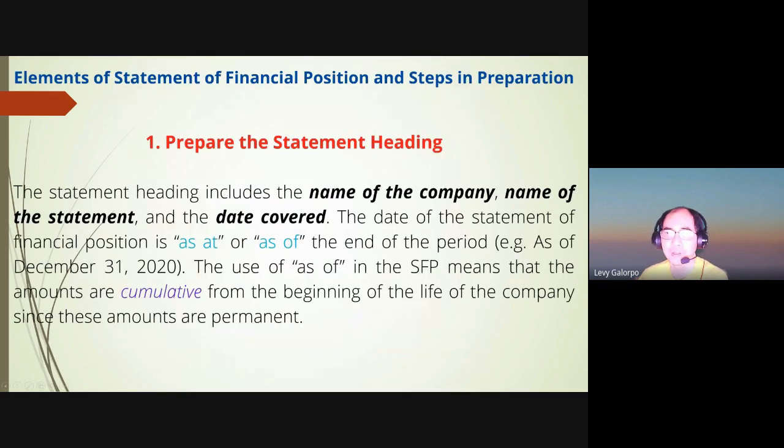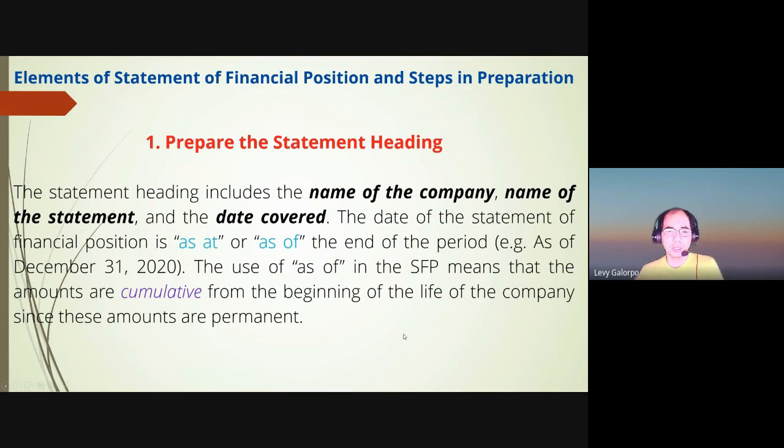Tingnan natin. The date of the statement of financial position is as at or as of the end of the period. Example, as of December 31, 2020. Bakit yan ang ginamit? The use of as of in the balance sheet means that the amounts are accumulated or cumulative from the beginning of the life of the company since these amounts are permanent.